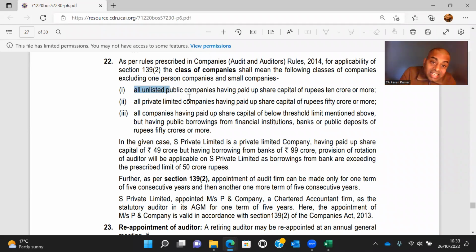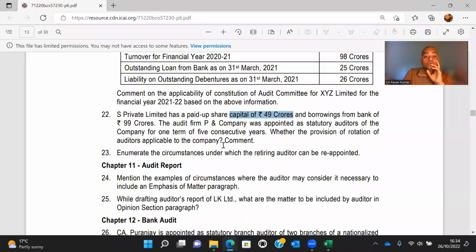For both, for unlisted public company or for private company, all companies, borrowings from financial institutions, banks, public deposits of 50 crores or more. Okay, but in the question, don't you think they have 99 crores?